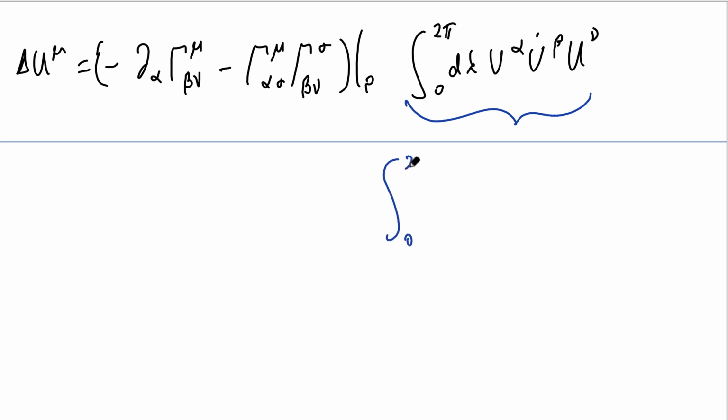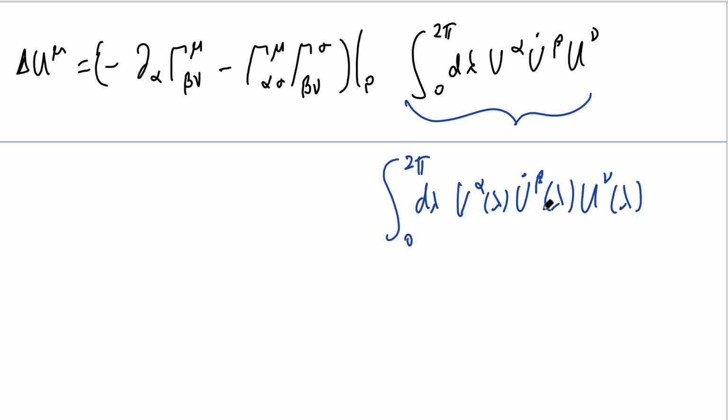This is the integral from 0 to 2 pi of d lambda, and both v and u are vectors that depend on lambda. So this is v alpha of lambda, v dot beta of lambda, and u nu of lambda. But the vector u, which is being parallel transported around this infinitesimal loop, doesn't change very much as we transport it around the loop.